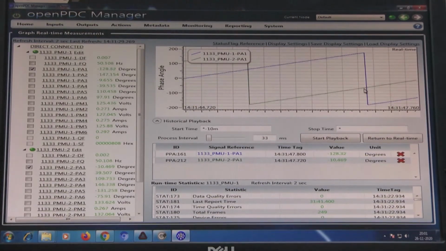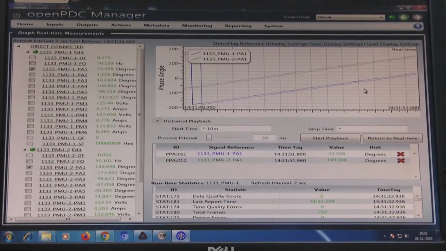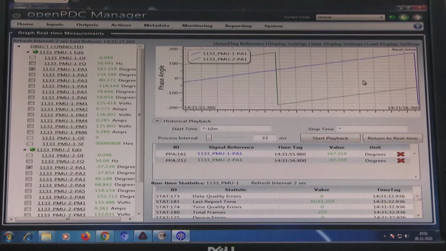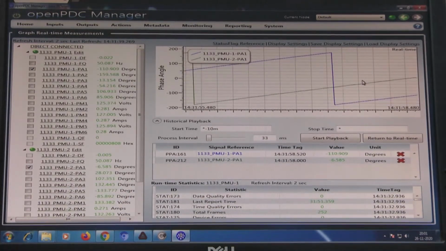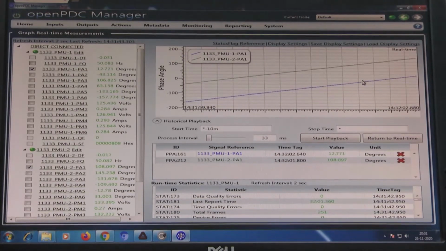If you go for different loading conditions, the angle between these two changes accordingly, and we can do that by having more and more generation from the alternator.